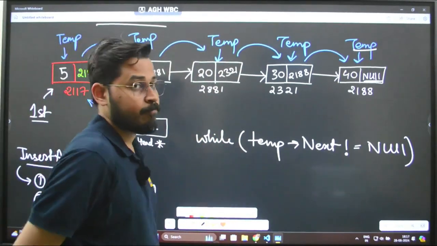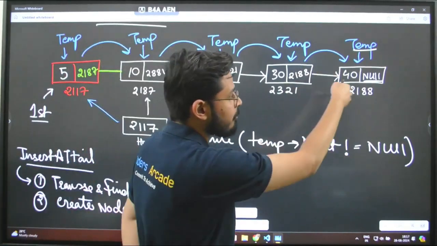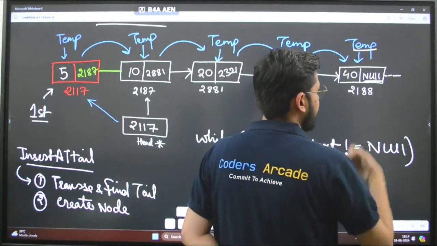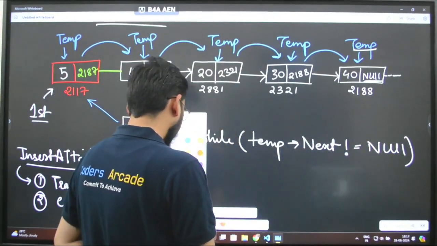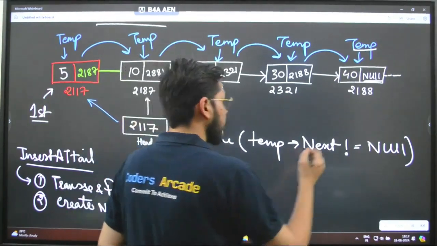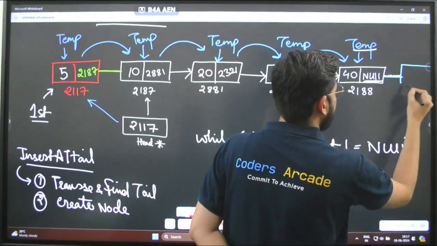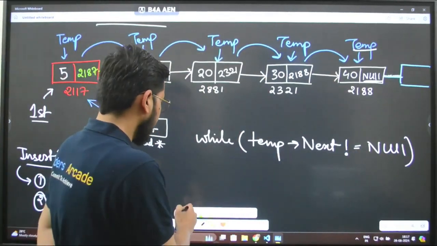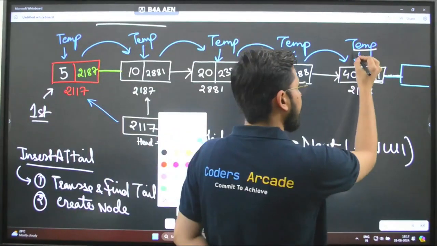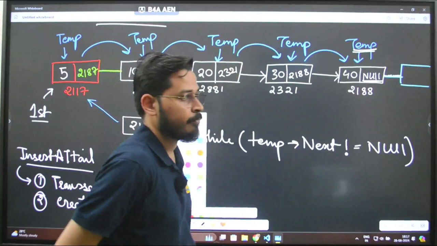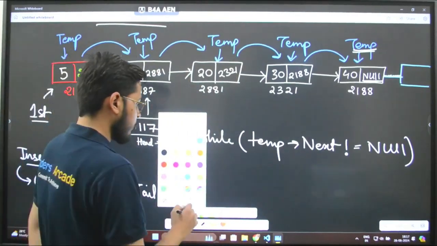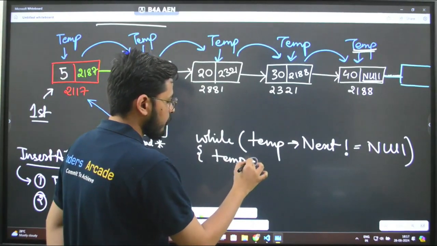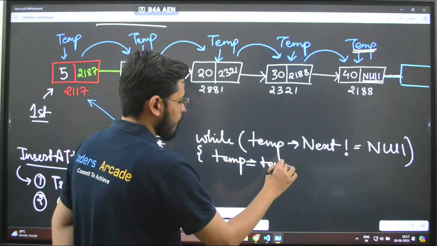Till there you go, till the temp of next becomes null, because I want to insert the new node right here, correct? So I will say until the temp of next doesn't become null, till then you will do temp is equals to temp of next.